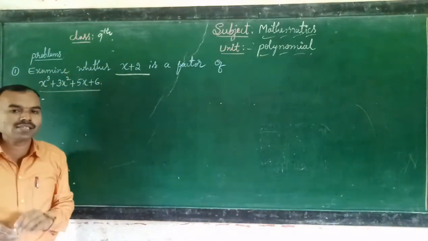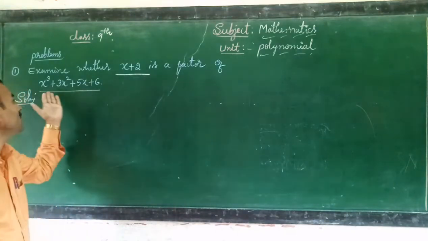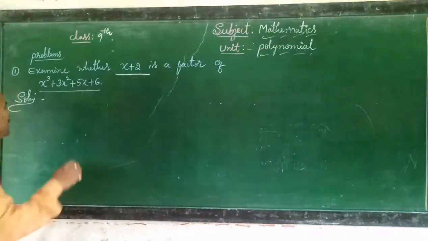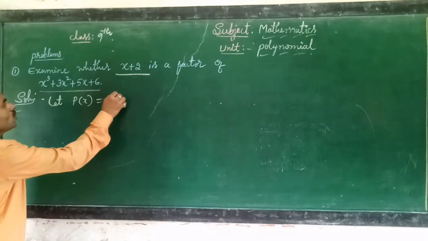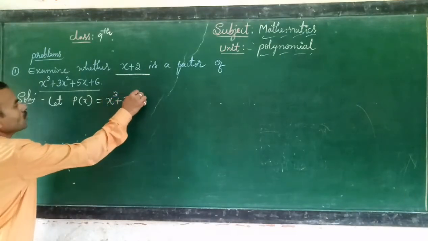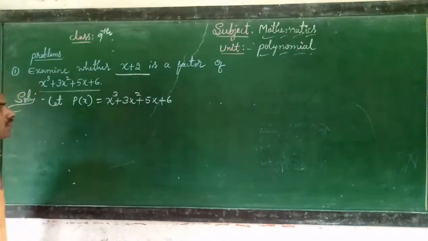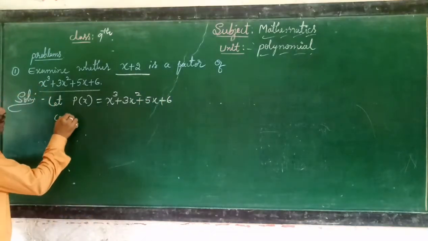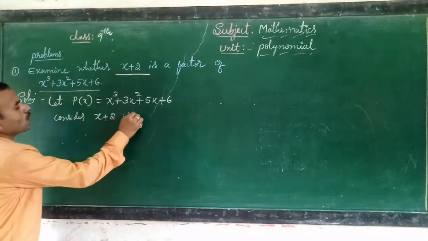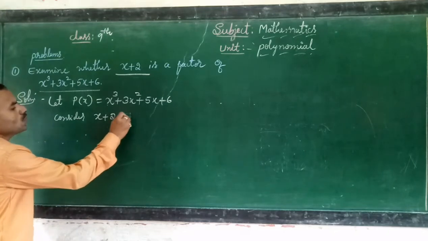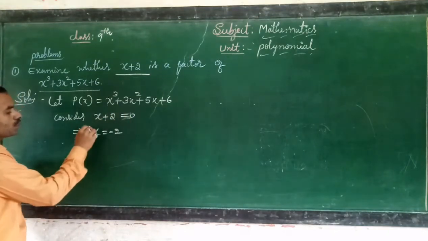If we get the final result 0, that is, if the remainder is 0, then x plus 2 is a factor of p of x. Let p of x equals x cube plus 3x square plus 5x plus 6, and consider g of x, that is x plus 2, equal to 0. It implies x is equal to minus 2.